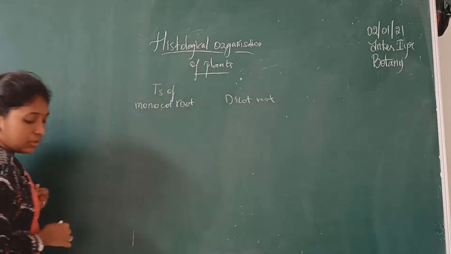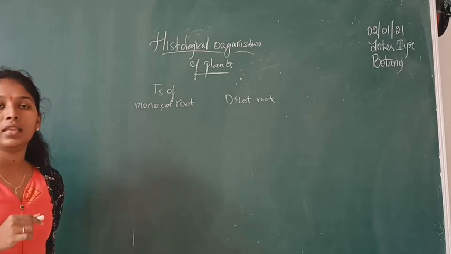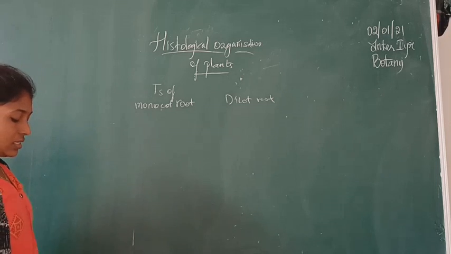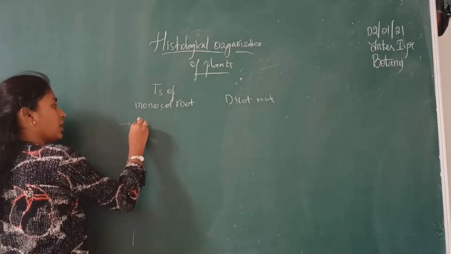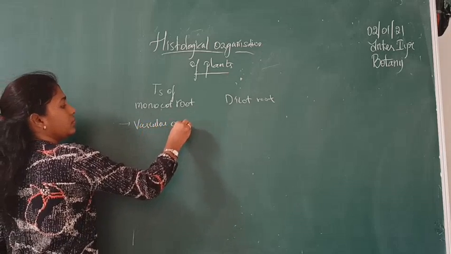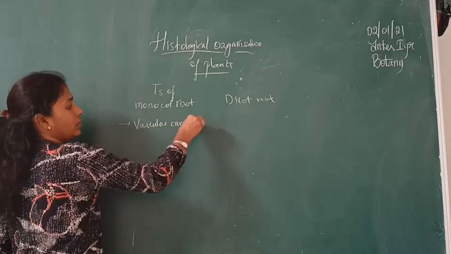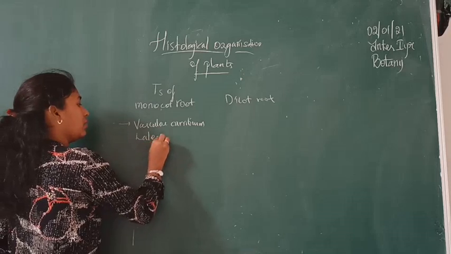If you see the major differences, this dicot root lo ఉన్న pericycle అనేది lateral branches ki rise istundi and vascular cambium ki kuda rise istundi. It gives rise to vascular cambium as well as the lateral roots or lateral branches.